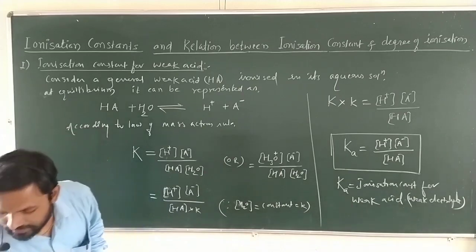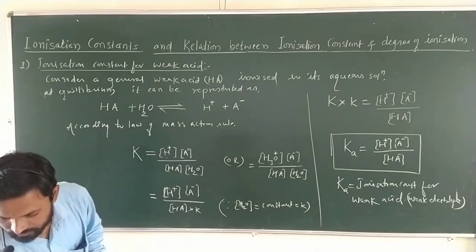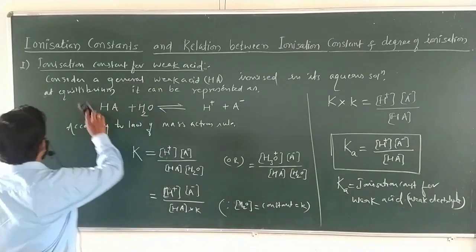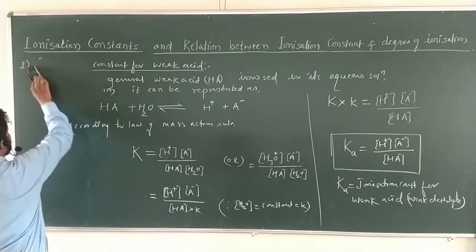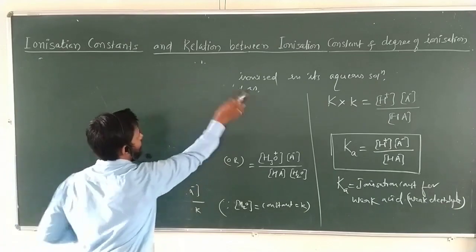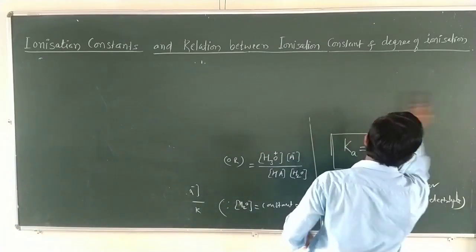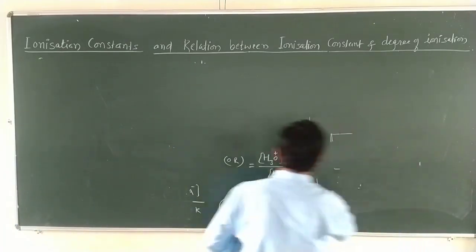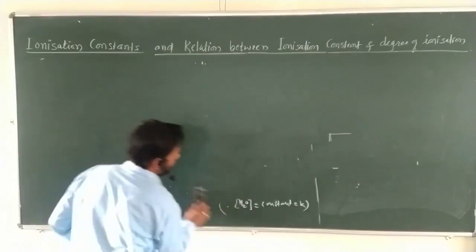Okay. Now let's see the relation between ionization constant and degree of ionization. Now we understand the ionization constant, that is Ka, for weak acids.